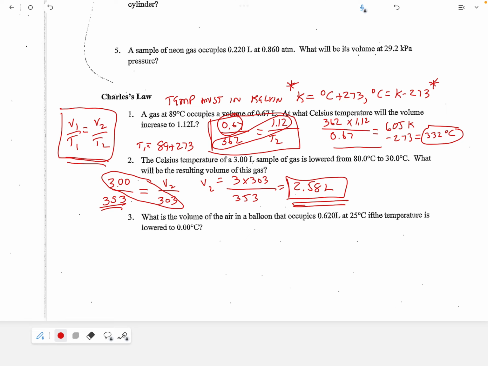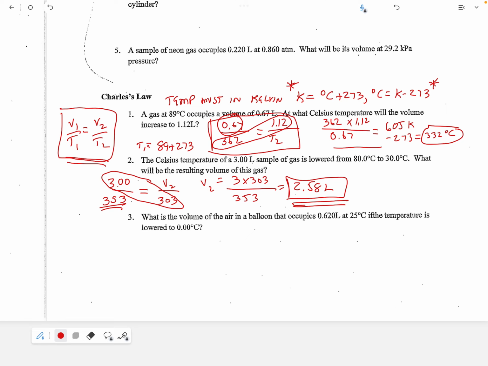I cross-multiply 362 times 112, and I divide by the remaining value. When I do that, that gives me an answer. But here, they're asking me for what Celsius temperature, and since your answer is in Kelvin, you have to subtract 273 from it to get your answer in degrees Celsius.